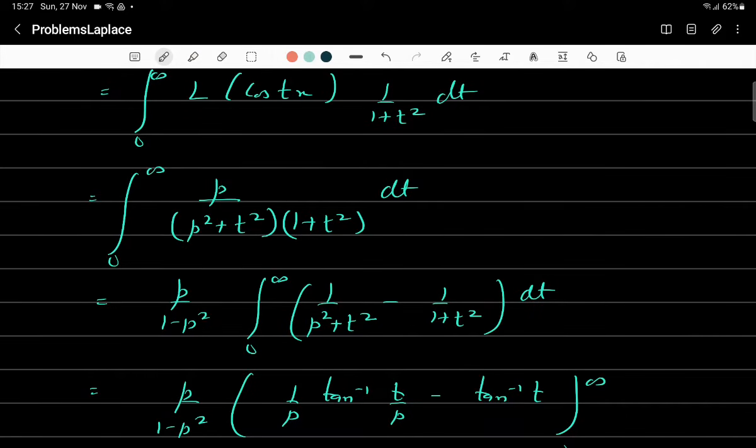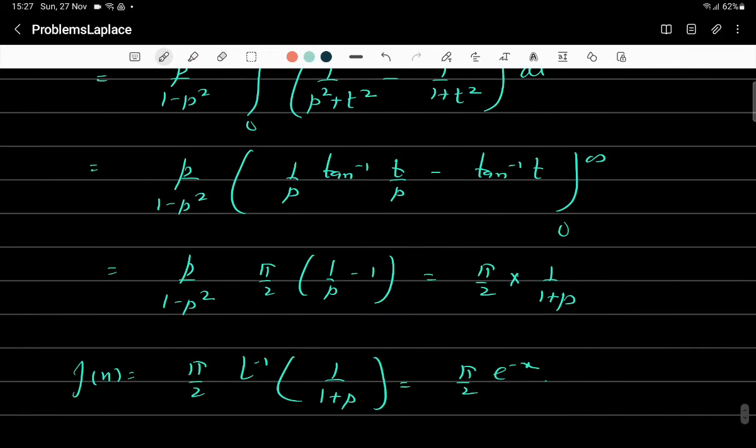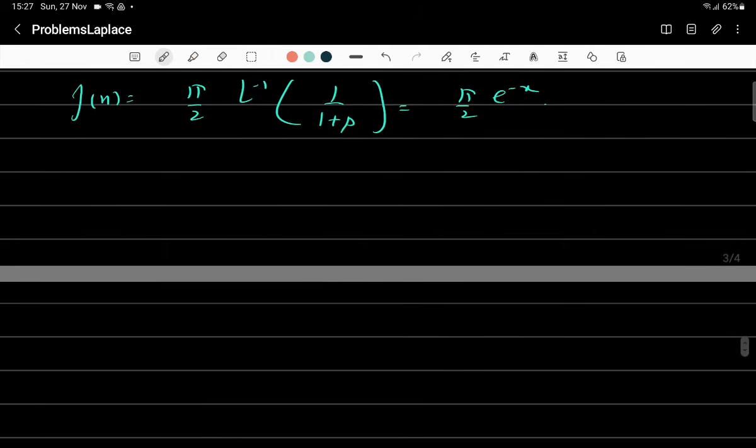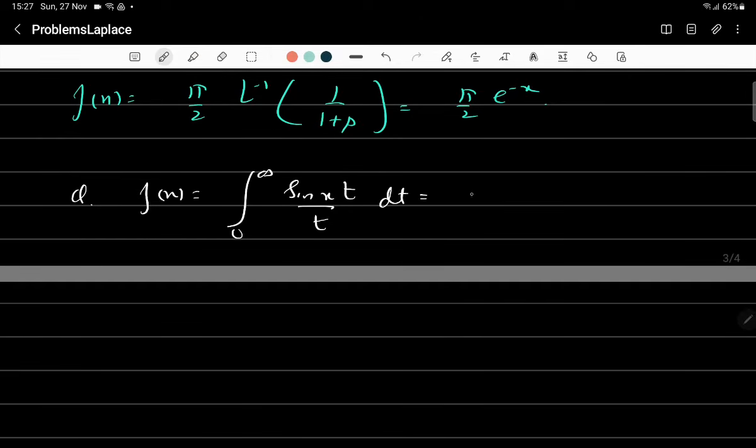So I told you that this is a very interesting approach. We can try one more question based on this approach, which says that again f of x is the integral from 0 to infinity of sine xt by t dt, which is equal to pi by 2.